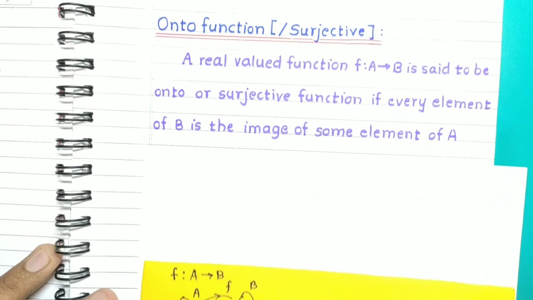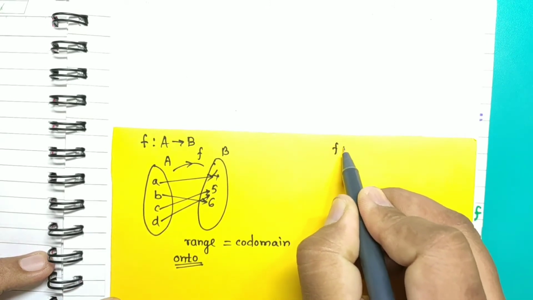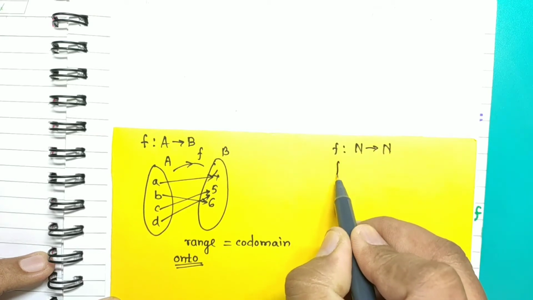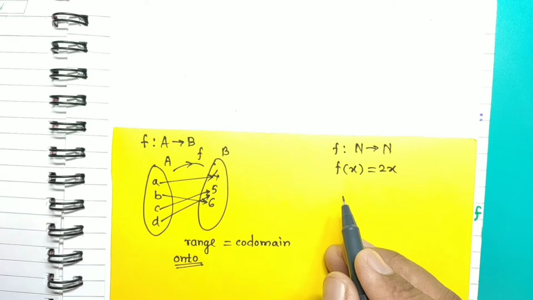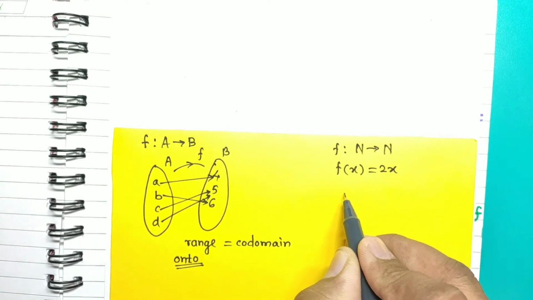Let's see one more example. Consider function f from N to N and it is defined by f of x is equal to 2x. See, this function is a 1-1 function. How is it?